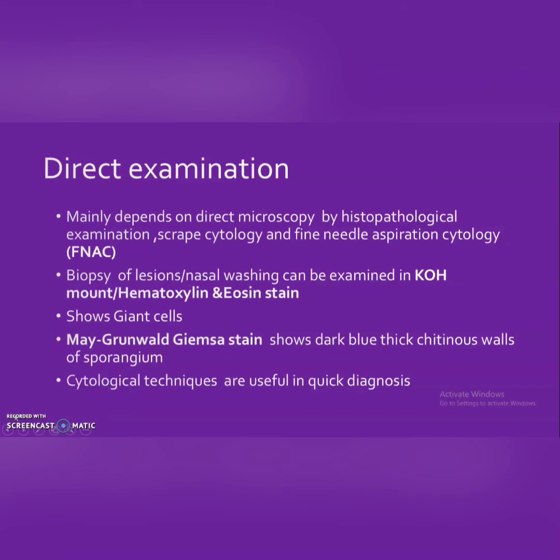The biopsy of the lesions or nasal washing can be examined in a KOH mount, that is, 10% KOH solution can be used, or hematoxylin eosin staining can also be adopted, and this method shows giant cells. May-Grunwald Giemsa stain is used to see the dark blue thick chitinous walls of the sporangium, and the cytological techniques are very useful in quick diagnosis of Rhinosporidiosis.